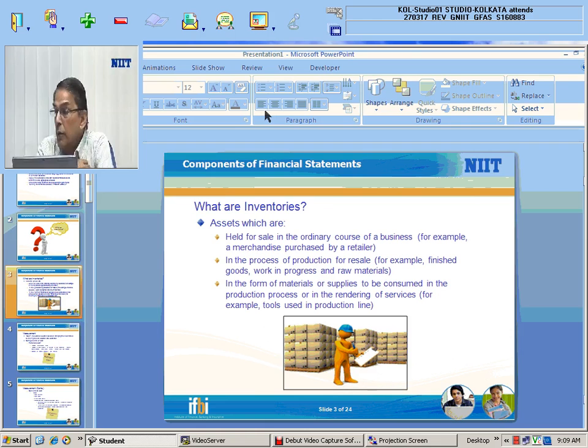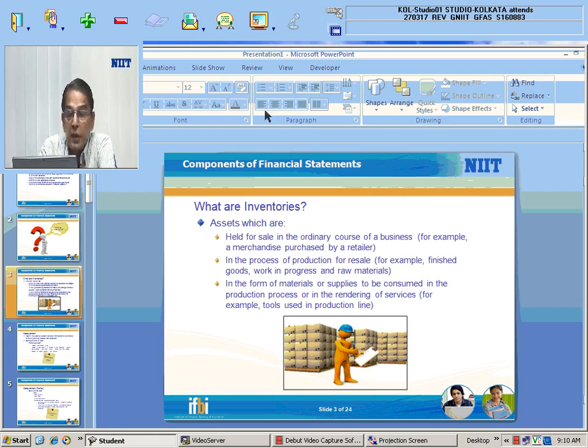Similarly, for a manufacturer, assets which are held in the process of production for resale, like finished goods, work in progress and raw materials. For a manufacturing business, inventory consists of raw materials, stock in process and finished goods.